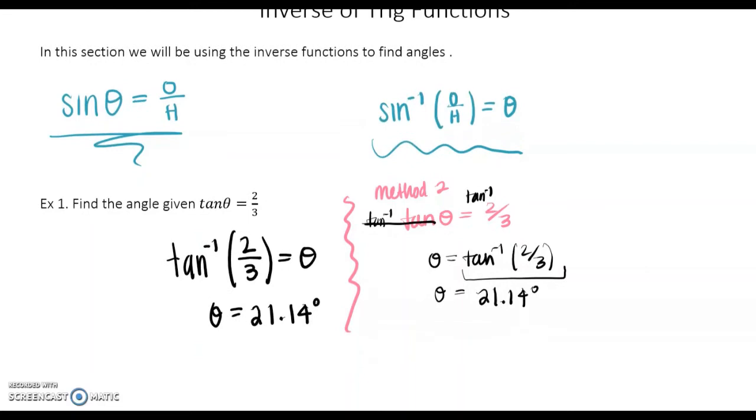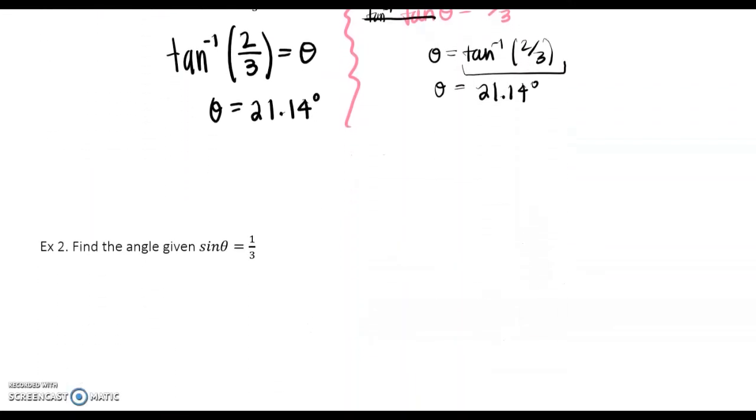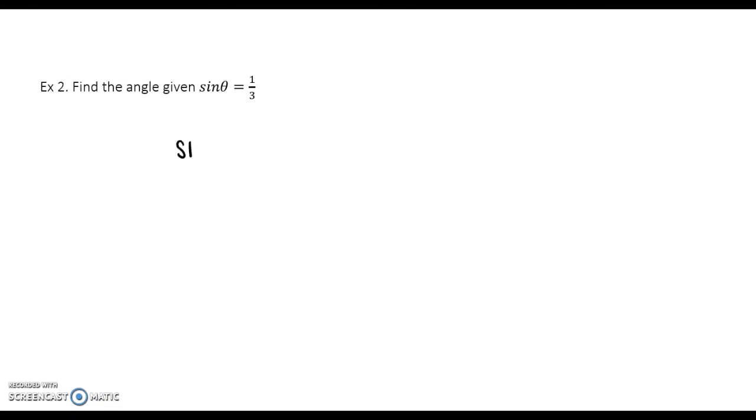Personally, I like method 2 better. It just makes more sense to me. So example number 2, we're going to go ahead and plug that in. So I'm going to do method 2. So I'm just going to write this out again. And then I'm going to do sine inverse. So the sine inverse and sine cancel each other out, and we get theta is equal to sine inverse of 1/3.